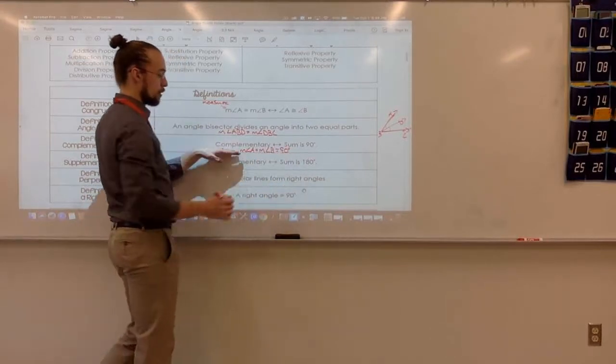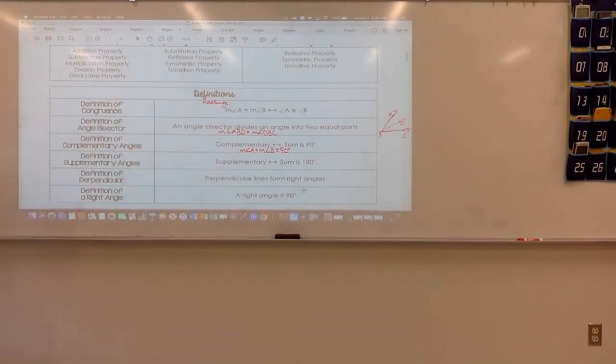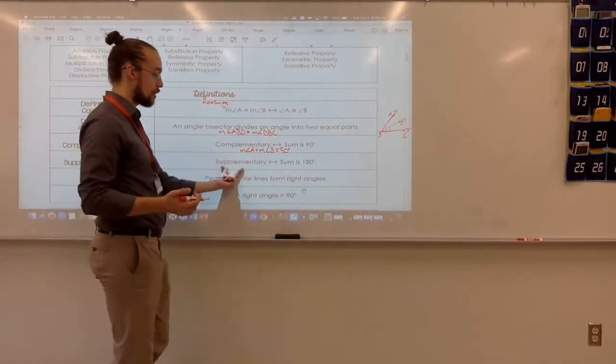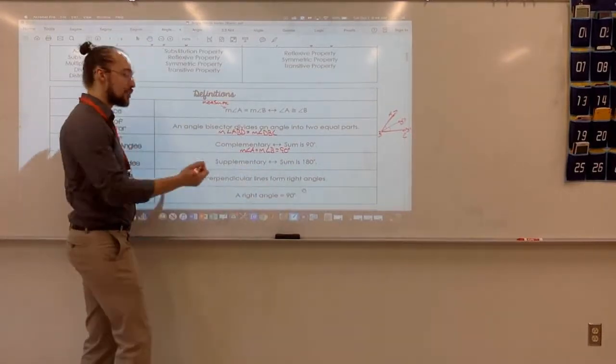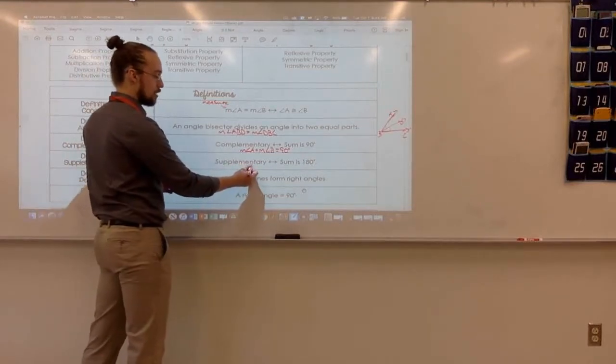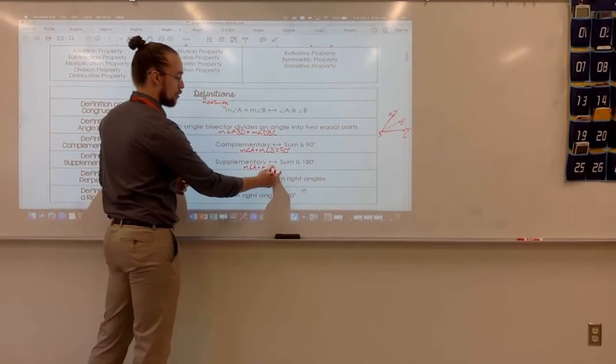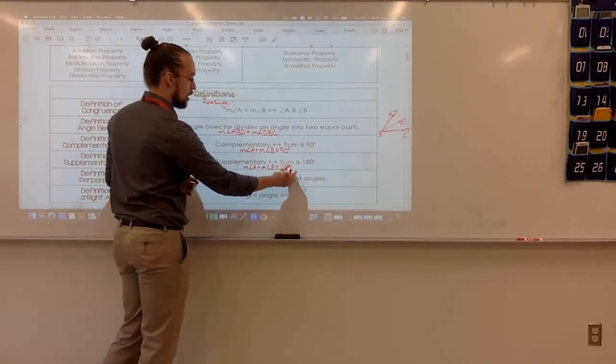So we would end up writing something like this. The measure of angle A plus the measure of angle B equals 90. Similar idea for supplementary. If I'm told two angles are supplementary, then their measures add to 180. So we can say the measure of angle A plus the measure of angle B equals 180 in this case.